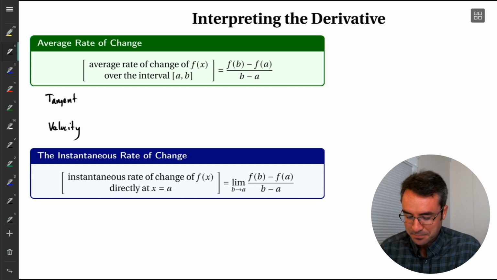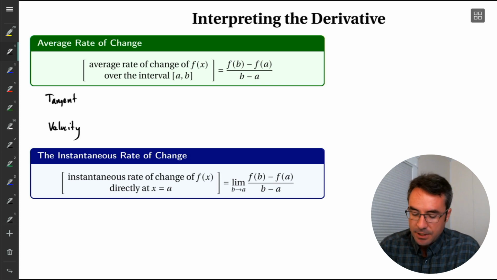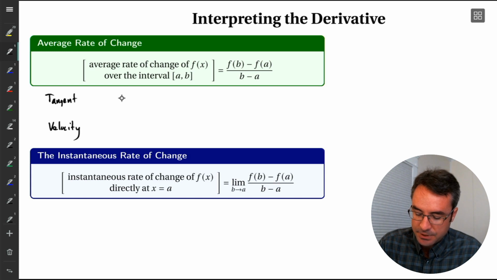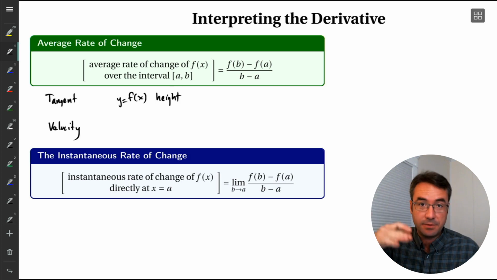For the problem of a tangent line, what does our function f represent? You can think of f as representing the height. So we have a curve, and the function values represent the height of that curve above the x-axis.